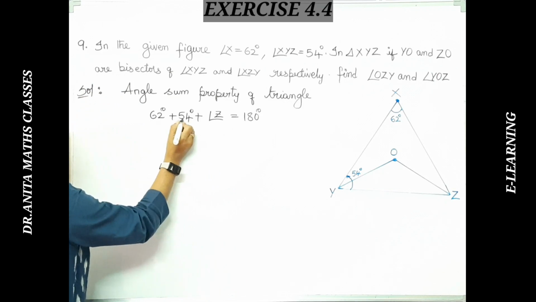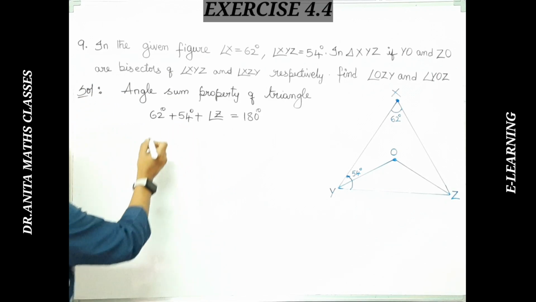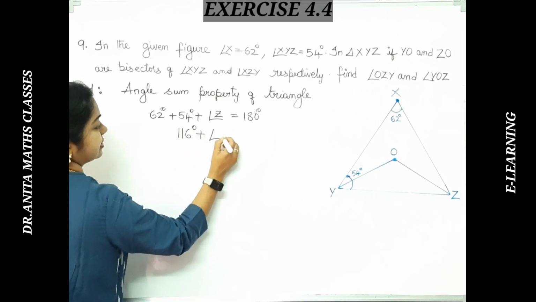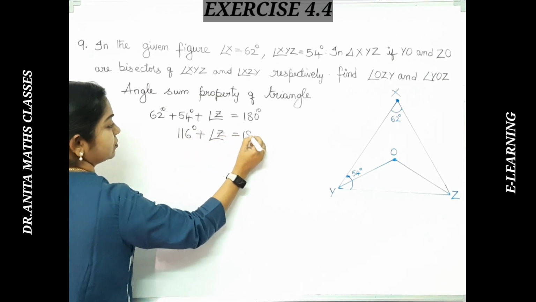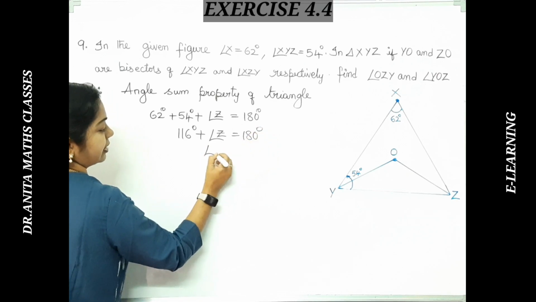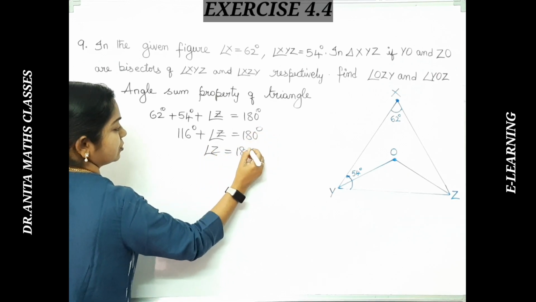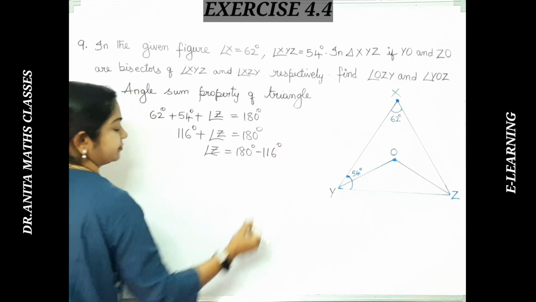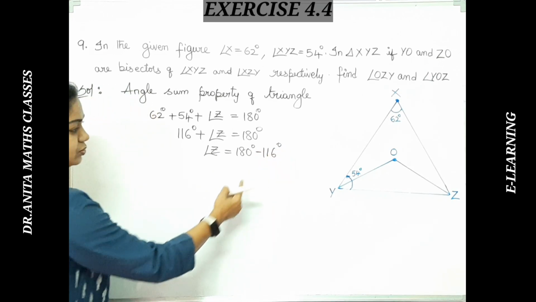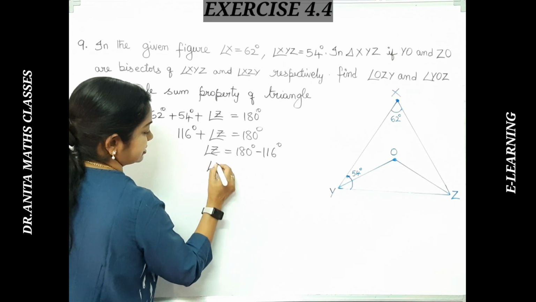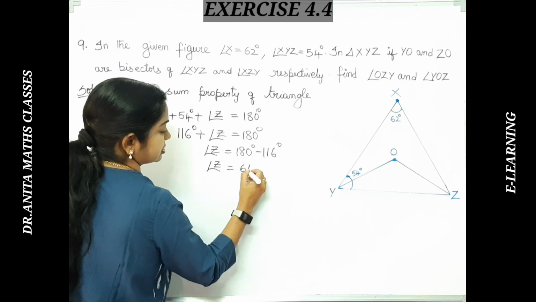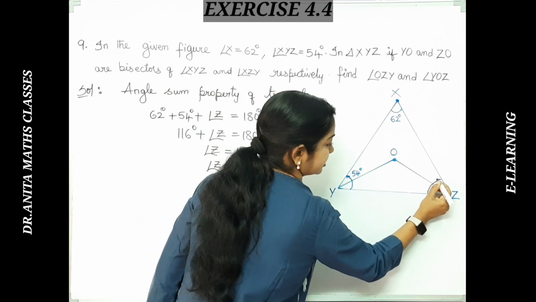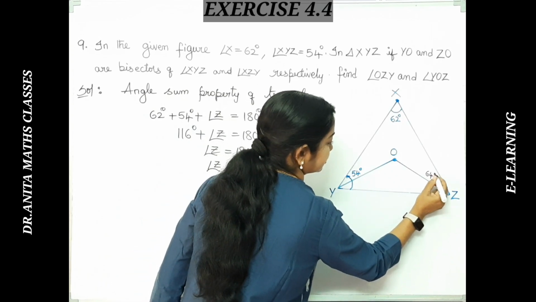So 116 degrees plus angle Z equals 180, so angle Z equals 180 minus 116, that comes to 64 degrees. This complete angle we got as 64 degrees.